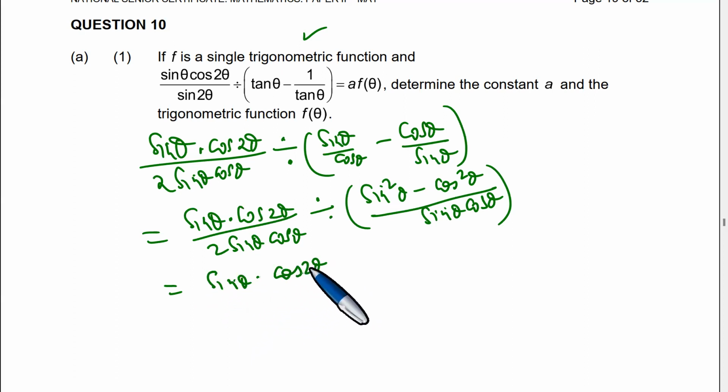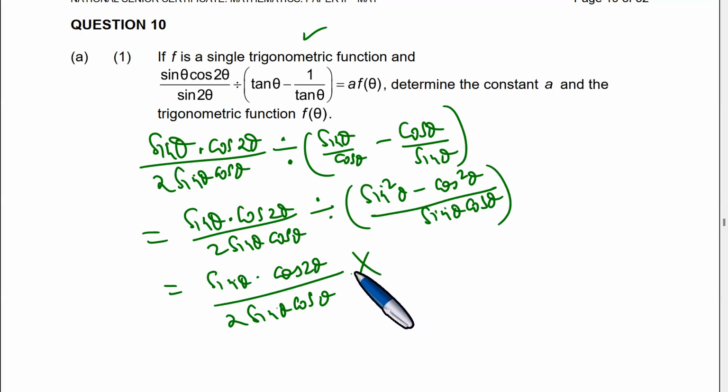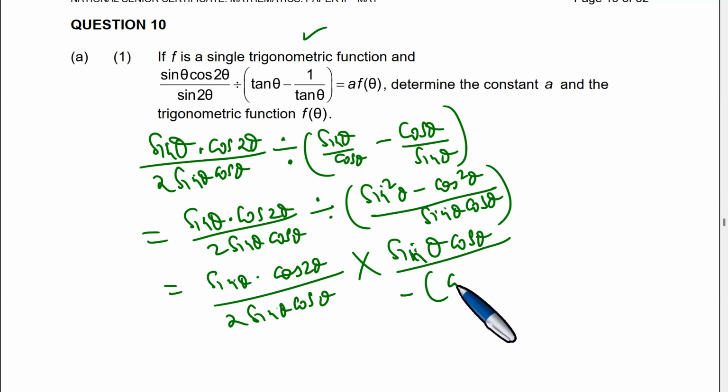Sine theta times cosine 2 theta divided by 2 sine theta cosine theta multiplied by this one. You can change this division to times. So if you change it to times, it becomes multiplication: sine theta cosine theta divided by, okay, this one you can just take out a negative, and then it is sine squared theta.